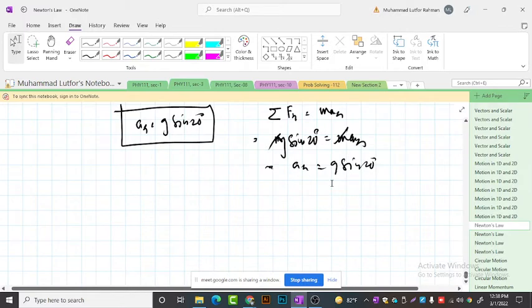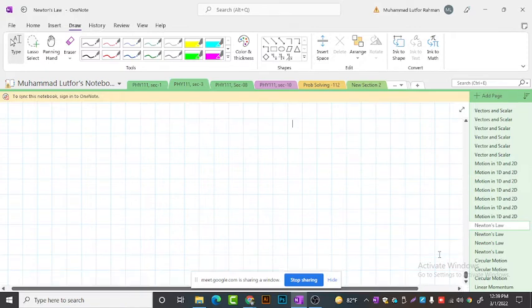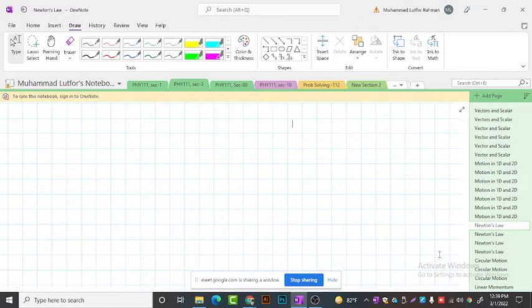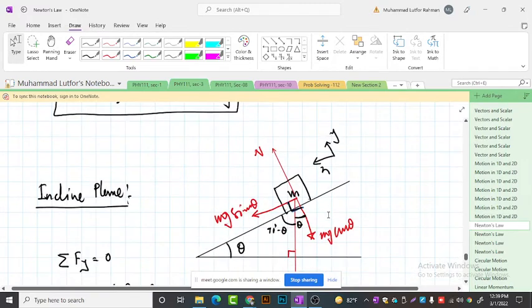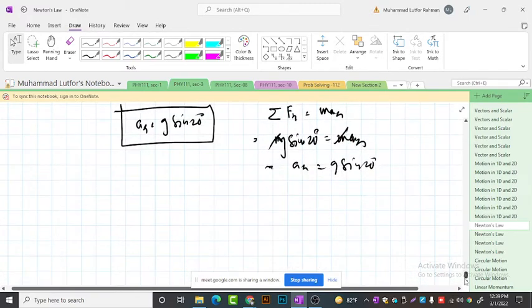Fine. So before that, we'll also use the idea of that case. I'm going to talk about a case right now. Say we have an inclined plane and a ball on the inclined plane.